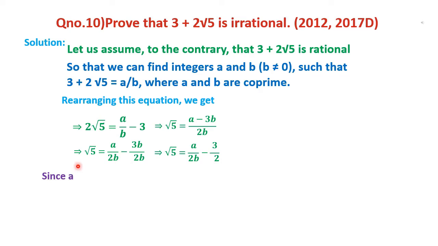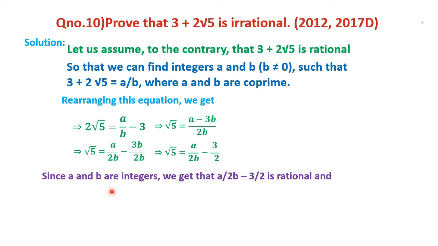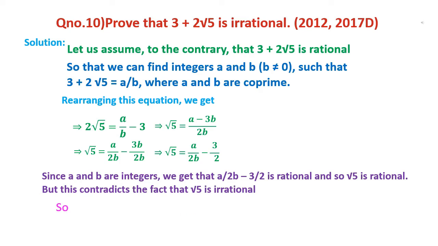Since a and b are integers, we get that a divided by 2b minus 3 divided by 2 is rational, and so square root of 5 is rational. But this contradicts the fact that square root of 5 is irrational. So we conclude that 3 plus 2 square root of 5 is irrational.